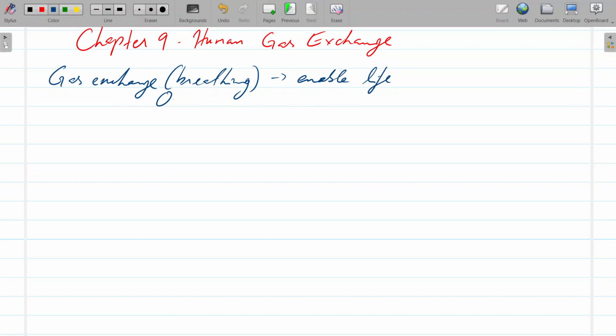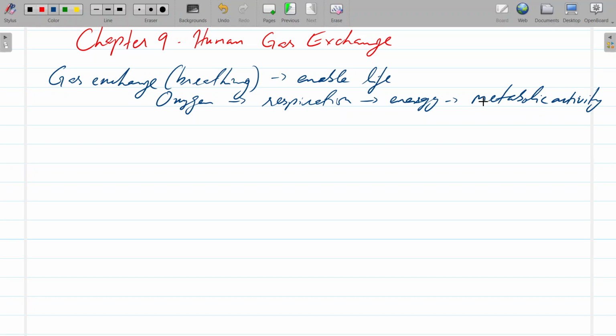Because the oxygen present in the air that we breathe in is utilized in the process of respiration, which provides energy, and that energy is used to sustain metabolism. It's a metabolic activity, and functioning overall. So movement, growth, reproduction, all of that.